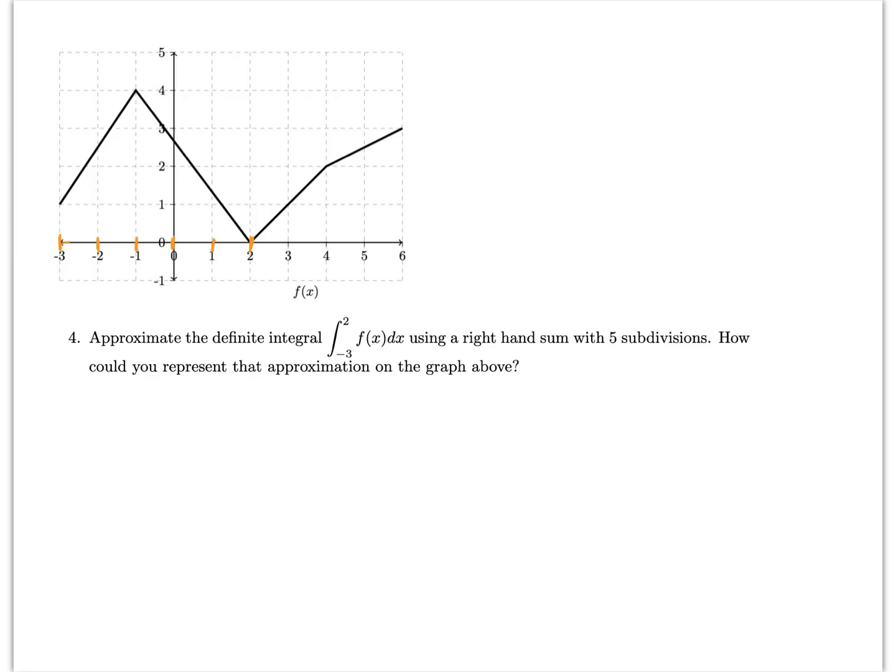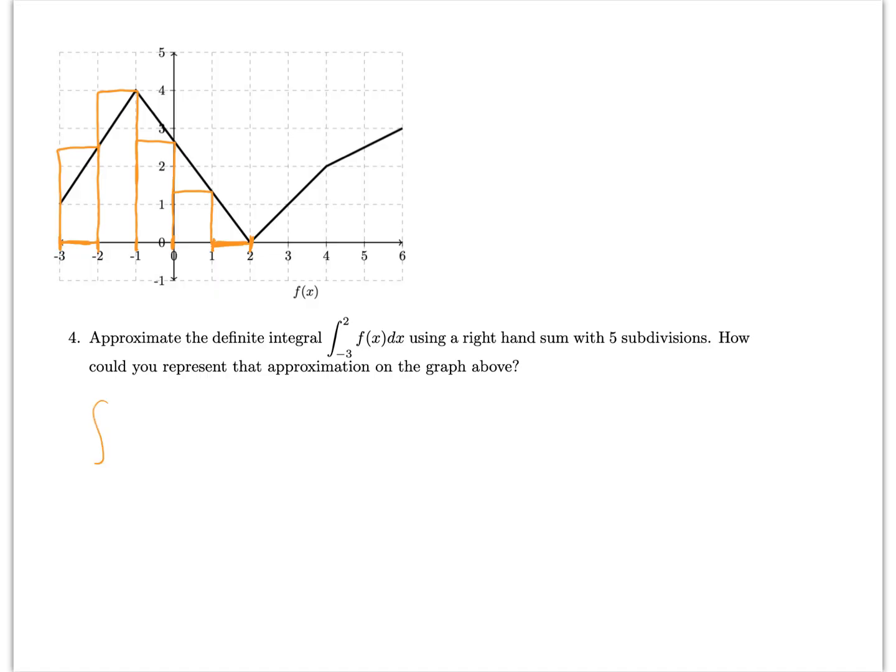So we go to the right endpoint for this first interval, go up to the graph, and build a rectangle at that height. We do that for each interval. So this last interval, the height of the function is at 0, so it doesn't have any height.